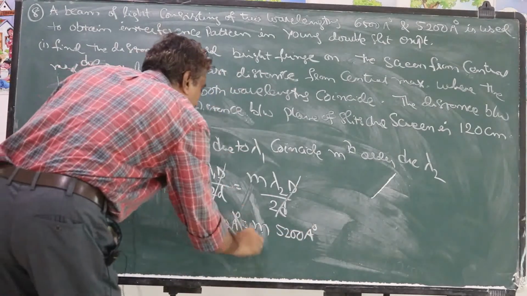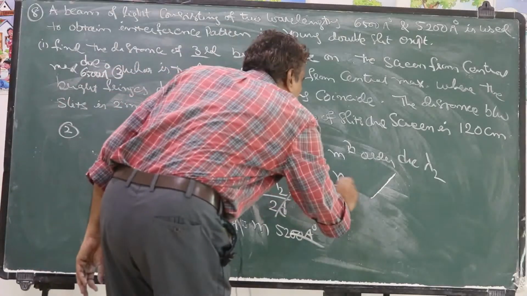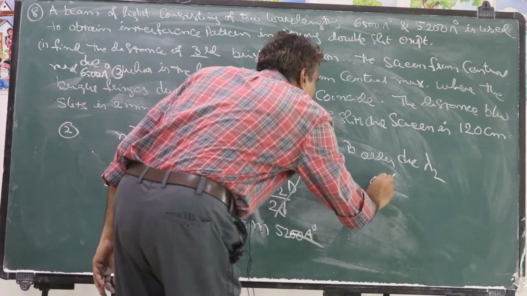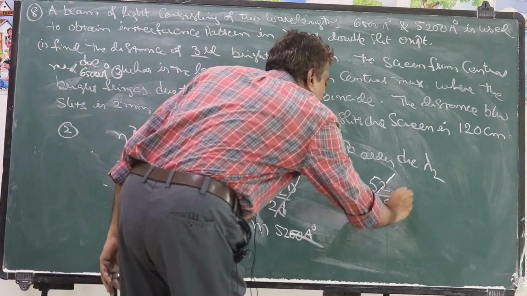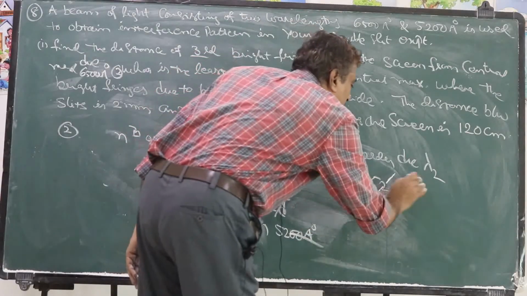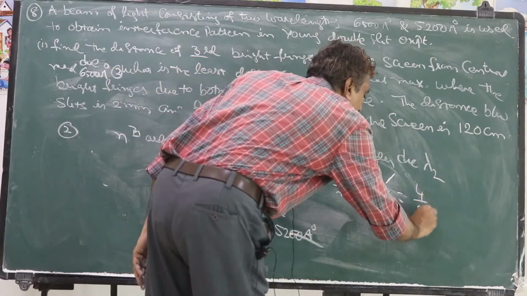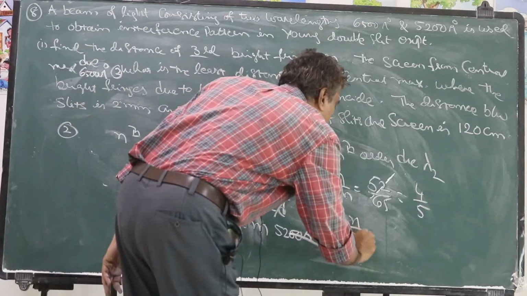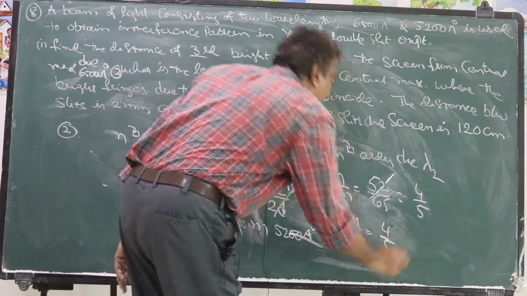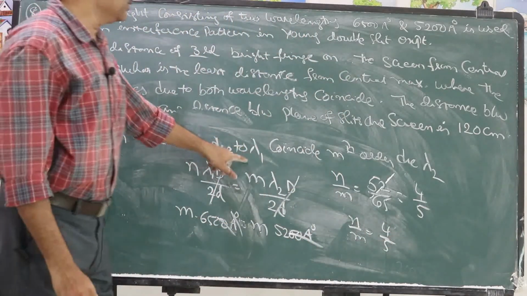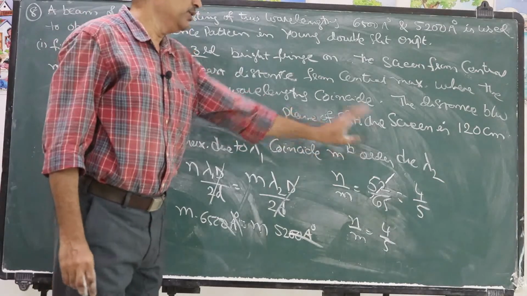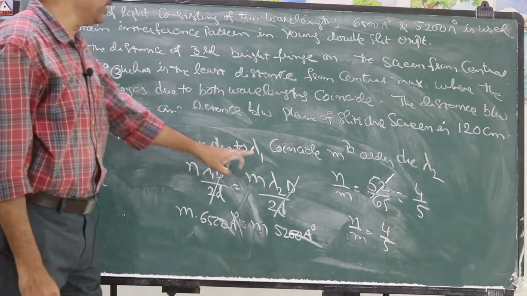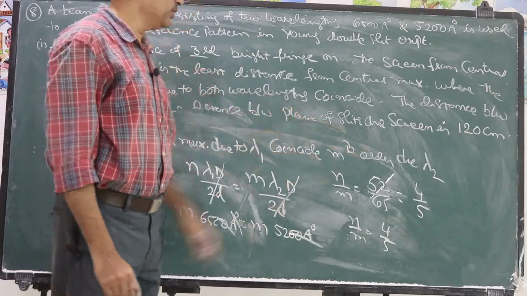So n by m is equal to 52 by 65, that is 4 by 5. So n by m is equal to 4 by 5. That means fourth order due to lambda 1 coincides with fifth order due to lambda 2.